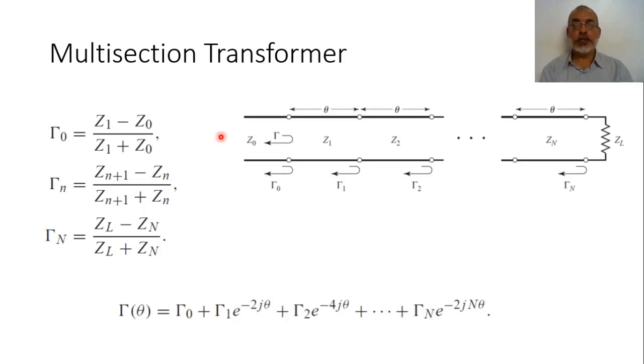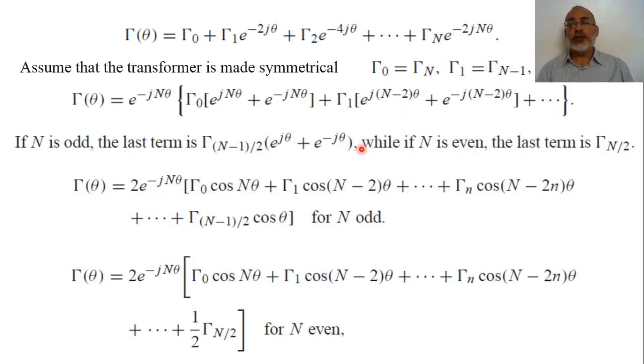So this is the reflection of the multi-section transformer, assuming that the reflection from one section to the other is a very small value. Now let us assume that these sections are symmetric, such that gamma naught would equal gamma n, gamma 1 would equal gamma n minus 1, and gamma 2 would equal gamma n minus 2.